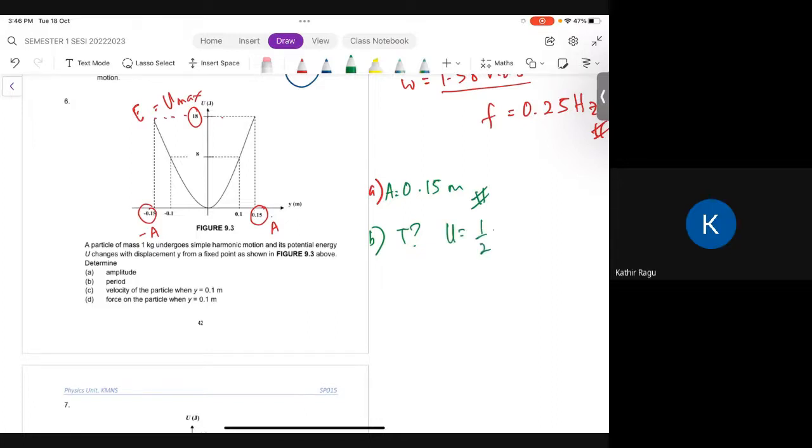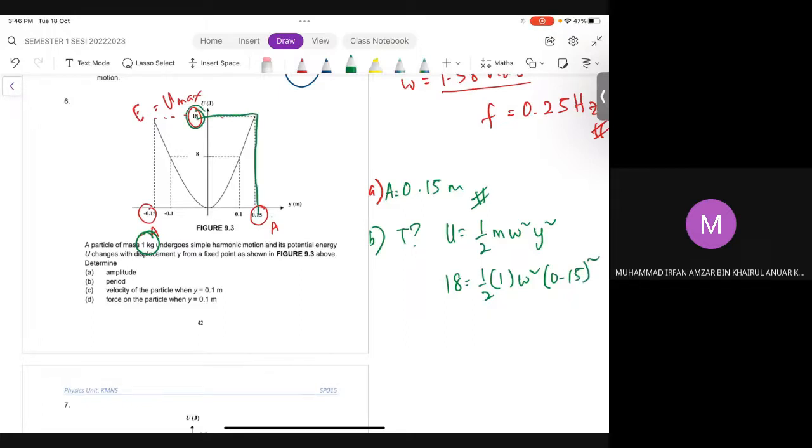Half MV, M omega squared Y squared. Okay, U saya ambil pada maksimum 18. Mass, ada tak dia bagi mass? Dia tak bagi mass 1 kilo, ada ni 1 kilo. Omega 1.25. Y kita ambil paling maksimum lah. Kenapa I ambil 0.15? Because when 18 baru dapat 0.15.